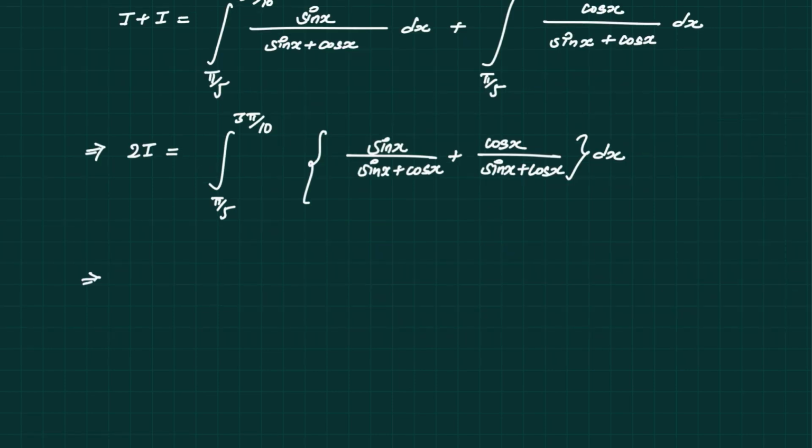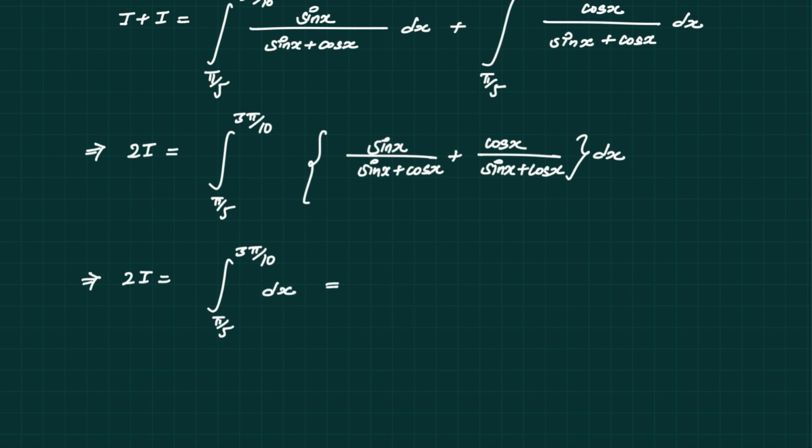So this implies 2I equals integration from pi by 5 to 3 pi over 10, and if I simplify this term between the curly brackets, then we will get 1 and dx will be there.